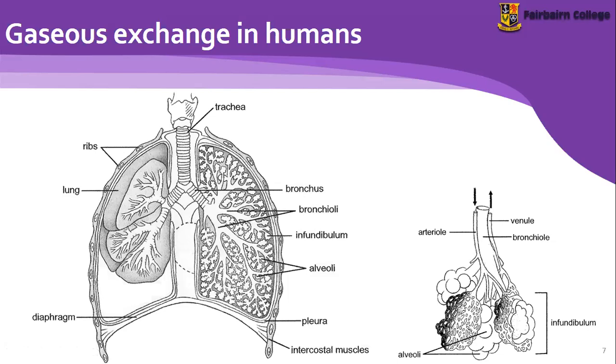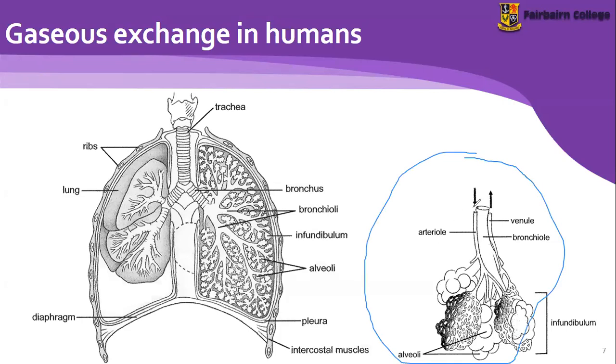In this case, at the end you find the alveoli, and the alveoli are clumped together, almost like a bunch of grapes. It's often described as looking like a bunch of grapes. So these alveoli are round structures, but they are clumped together. And when they are clumped together, then they look like this. And this is called the infundibulum.